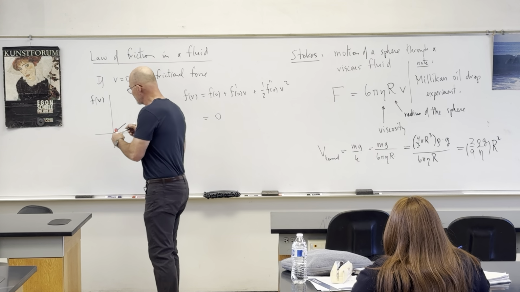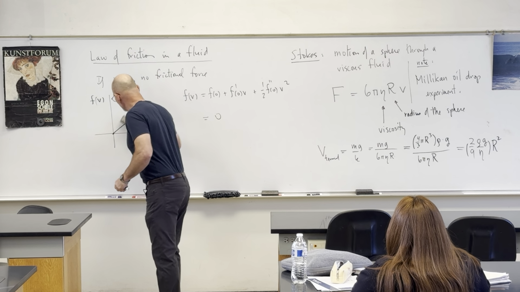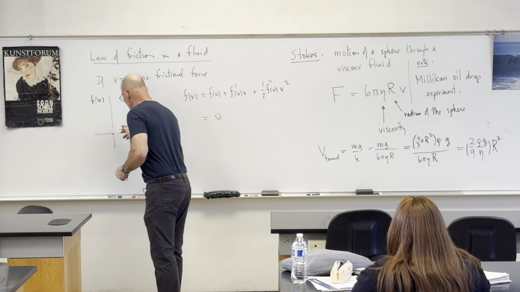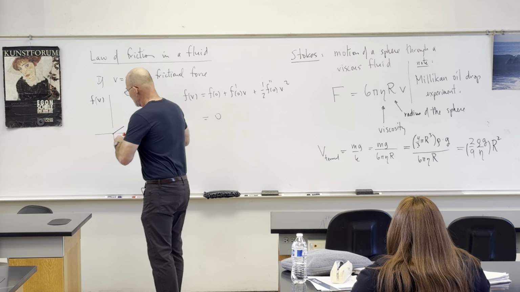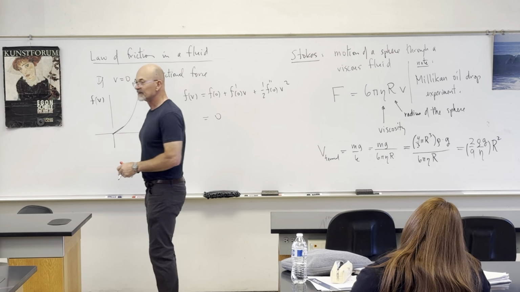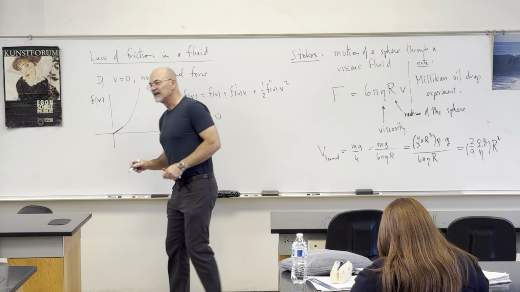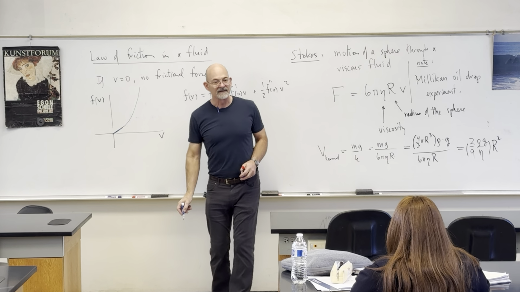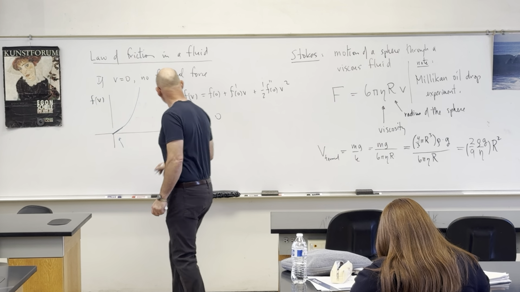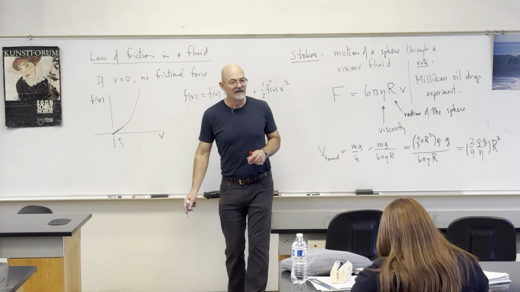So here's that linear law, and the actual law could go like this. Therefore, for low speeds, you're linear and then you're going quadratic. This would be the regime that we've tested, where Stokes' law holds, and then higher speeds could be quadratic, and so forth.